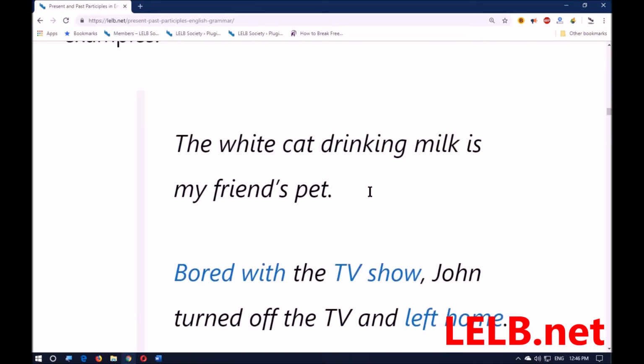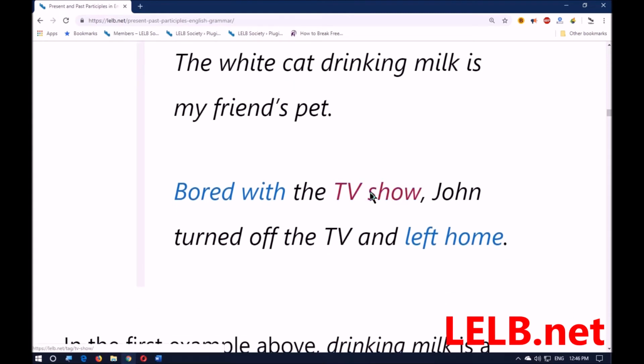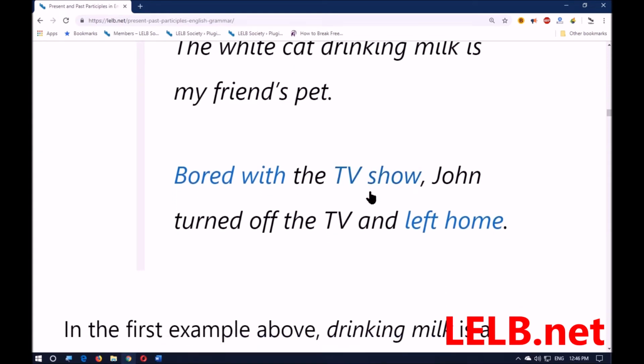The white cat drinking milk is my friend's pet. The original sentence has been something like this. Of course, I'm going to explain that in depth. Let's explain about that later. Bored, this is another example. Bored with the TV show, John turned off the TV and left home.